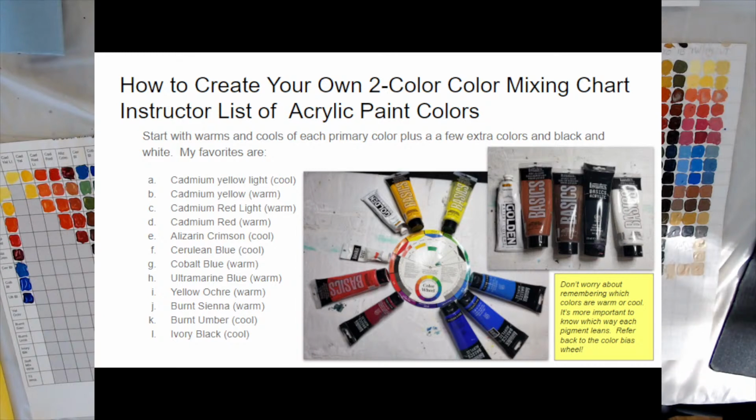And that's really all you have to do. Let's have this exercise because it's important for you to recognize this. It will help you get to know your pigments better. Just put them around that color wheel. Arrange them according to whether they are warm or cool. So we have warms and cools of each primary.